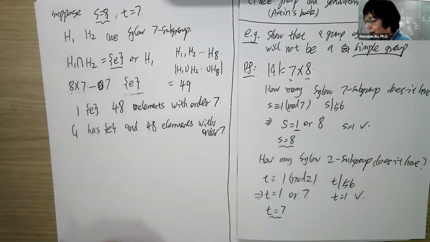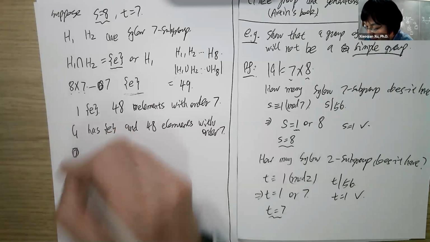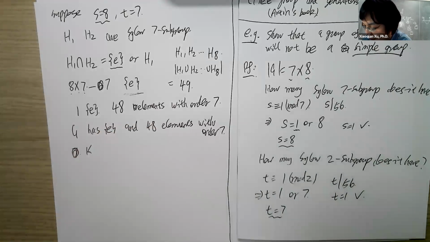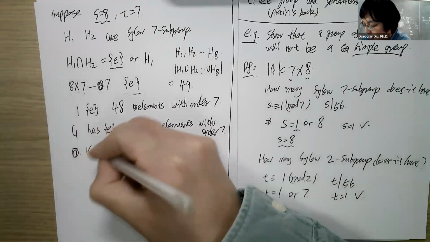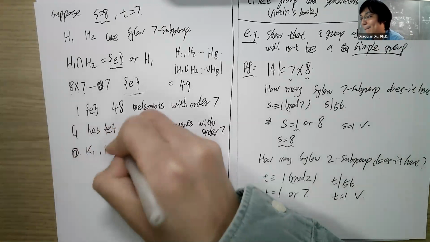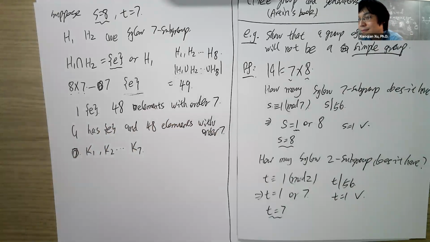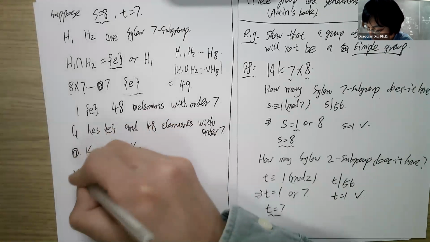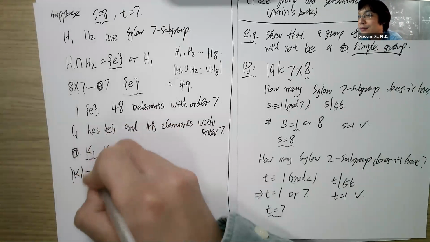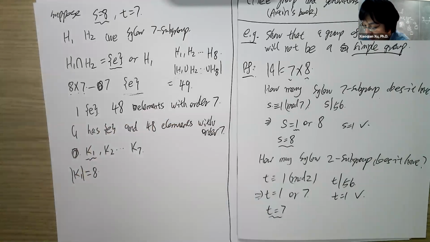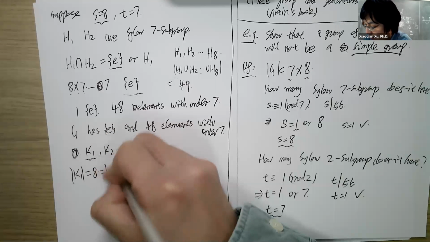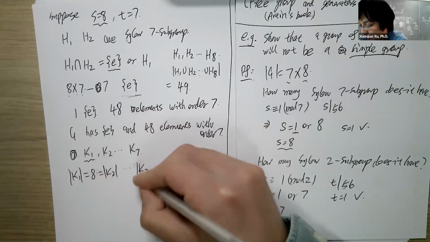But we have order 2. I mean, you have 7 Sylow 2 subgroups, K1, K2, until K7. K1 has 8 elements, K2 has 8 elements, K7 also has 8 elements.